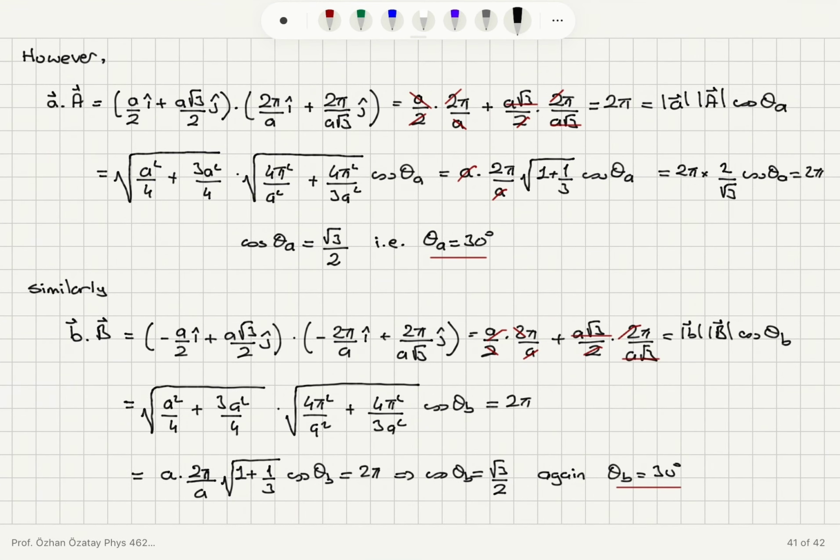So we can conclude that the reciprocal lattice is another hexagonal space lattice rotated by 30 degrees about the C axis.